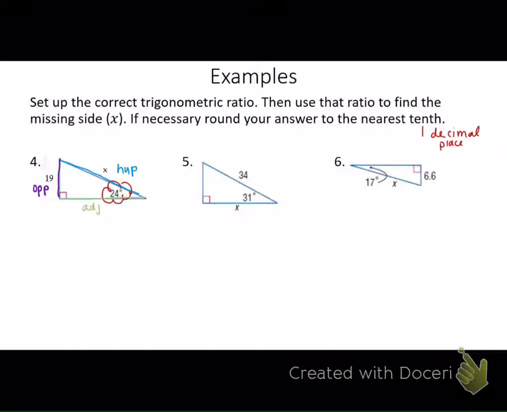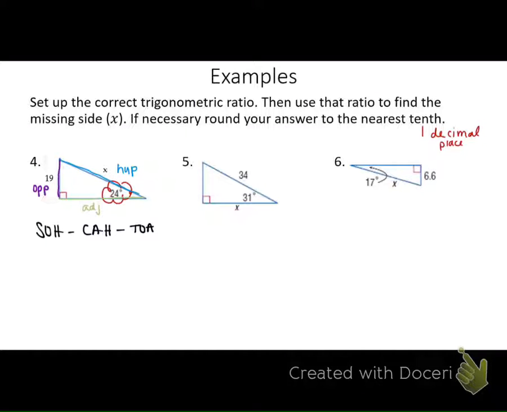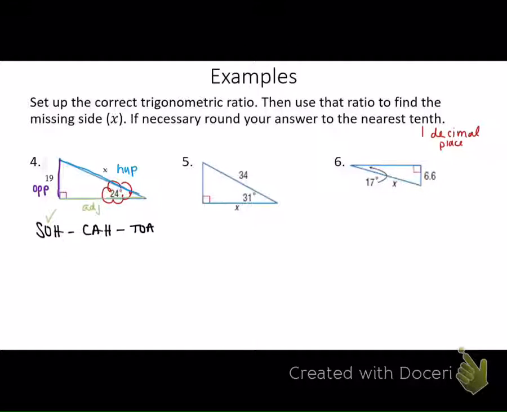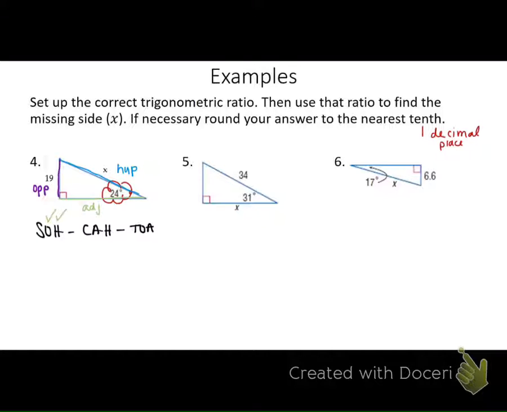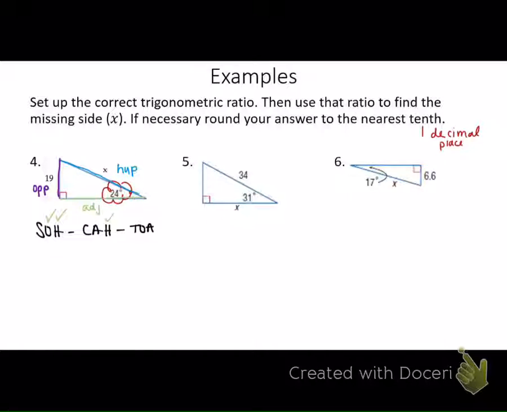So what I'm going to do is write SOHCAHTOA underneath this. And I'm going to have to figure out which part of SOHCAHTOA I am going to use. So I'm going to use little check marks here. Do I have something on my opposite side? Yes. Do I have something on my hypotenuse? Good. Do I have anything on my adjacent? No.